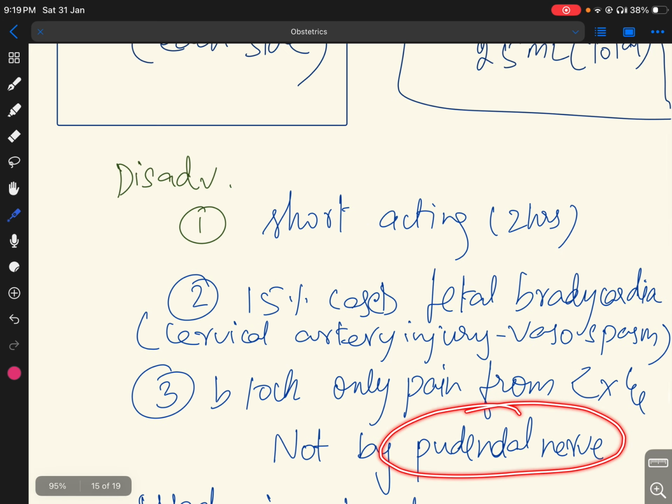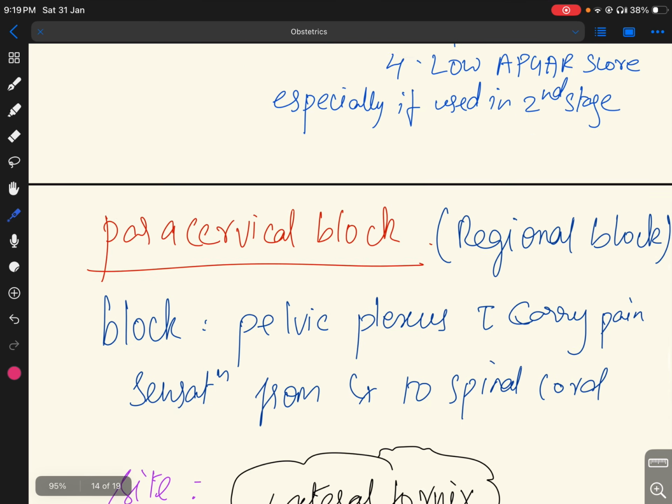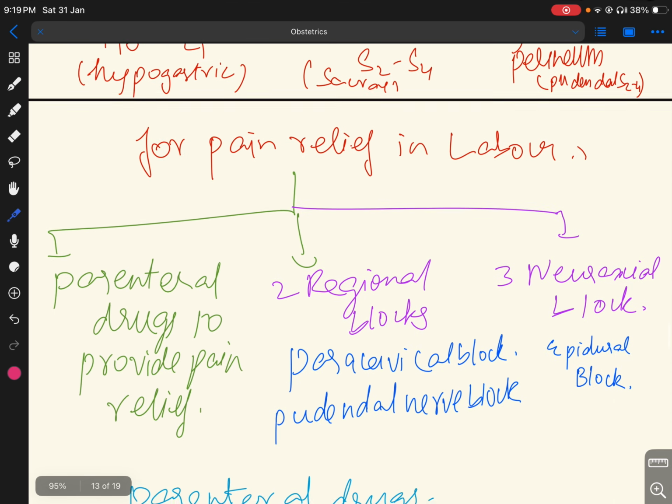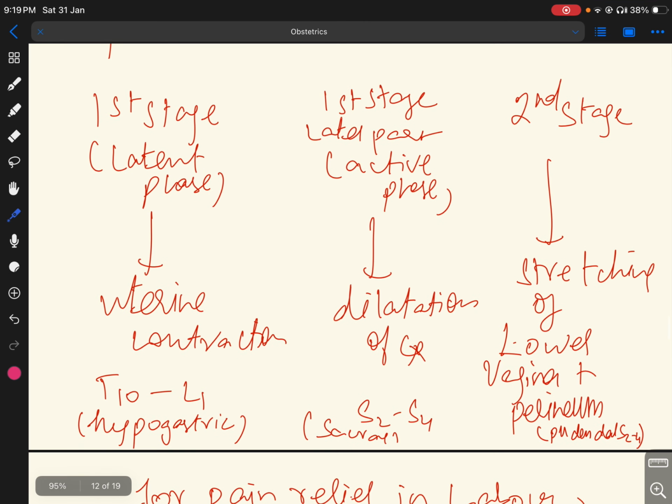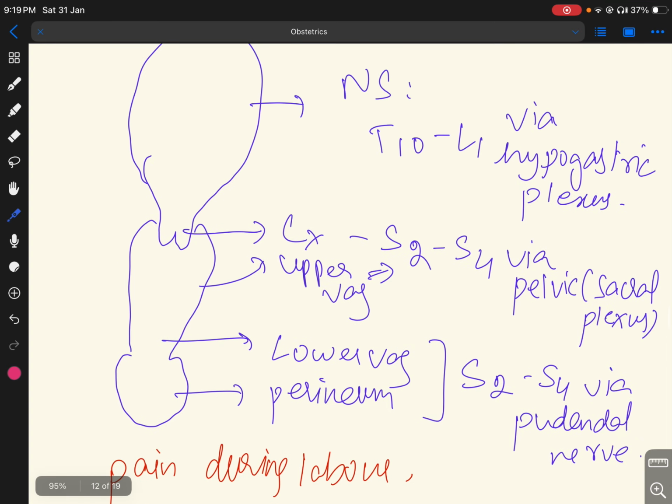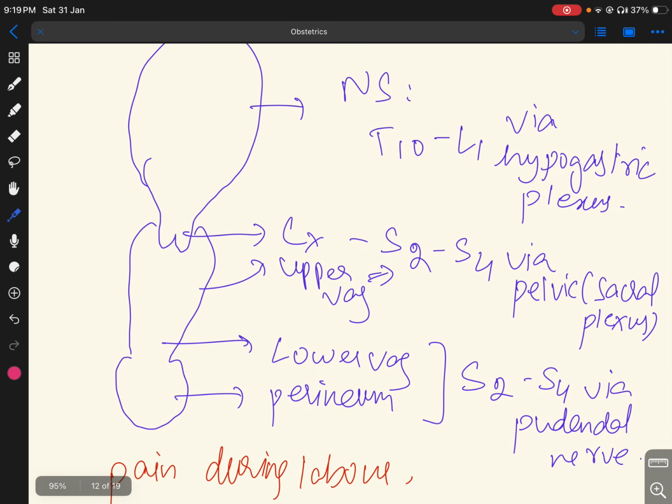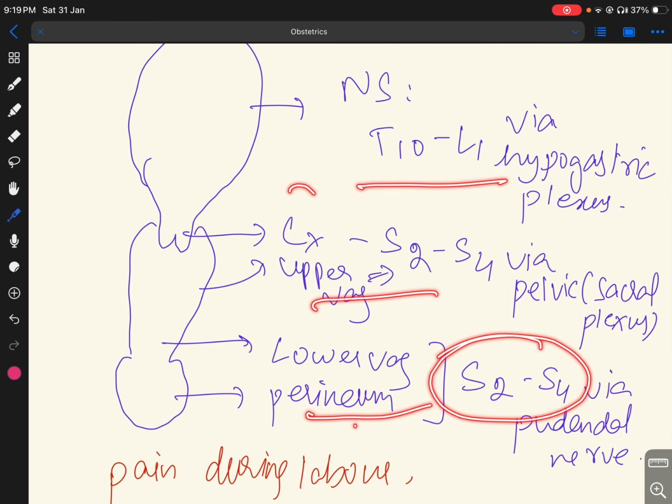Why does it have to block the pudendal nerve? It's obvious, right? Paracervical block, as I said, blocks these root values. The pudendal nerve carries S2 to S4 from the lower vagina and perineum.